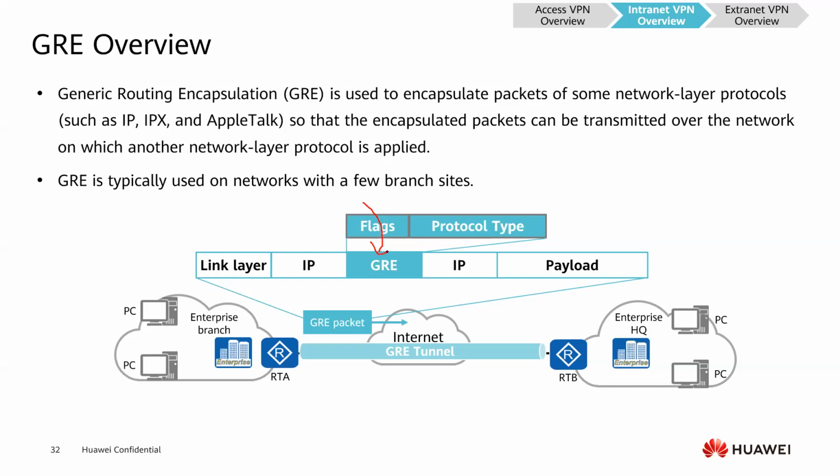They insert a GRE header, and above it is the outer IP, and this is the inner, original IP. So they can carry this original packet from one side to the other side and send it into the enterprise.